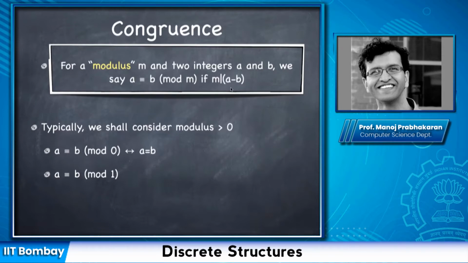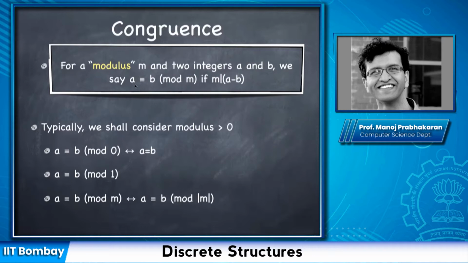So no matter what A and B are, 1 divides A minus B. I'll also not bother with negative modulus values, because A is congruent to B with respect to a negative modulus M means M divides A minus B. That's the same as saying minus M divides A minus B, right? So I might as well just consider congruence with respect to the absolute value of M.